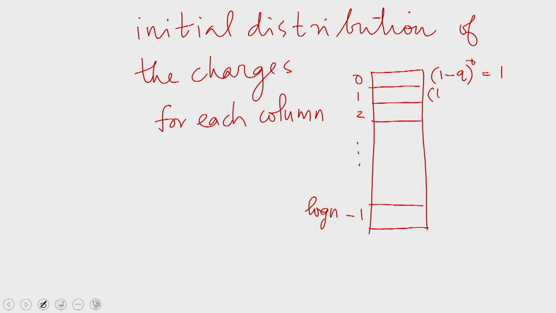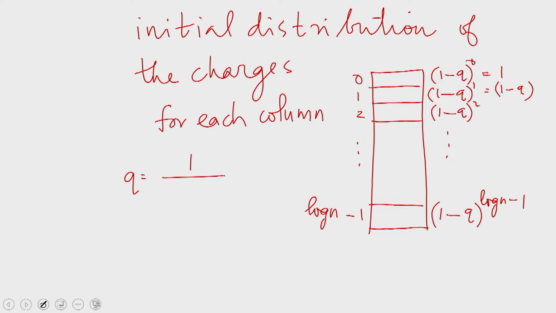The first element is going to get a charge of 1 minus q power 1, which is 1 minus q, and the second element is going to get a charge of 1 minus q power 2, and so on. The last node is going to get a charge of 1 minus q power log n minus 1. Here you would recall q is 1 divided by log of log n. So, the charges in each column are distributed in this fashion, column after column.